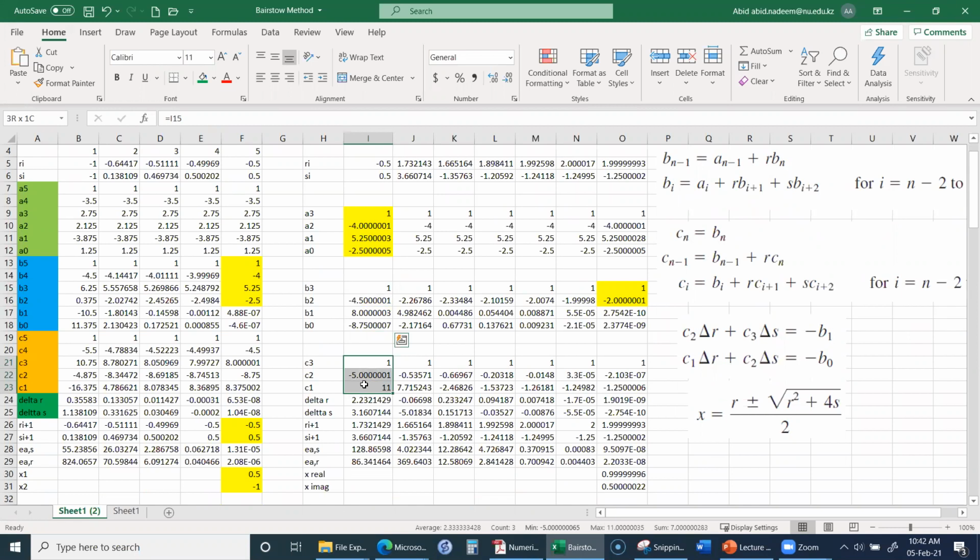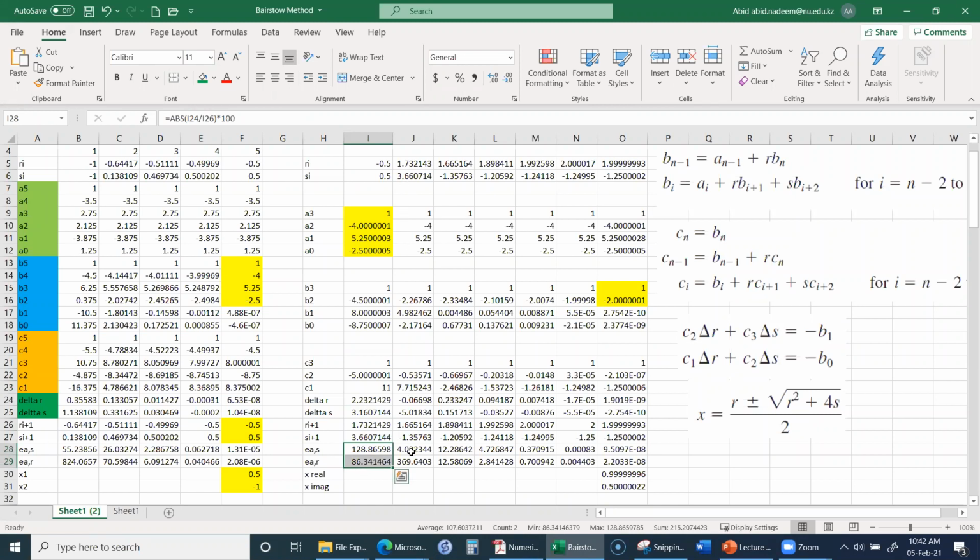Then in the same way we will find delta R and delta S, and then R i plus 1 and S i plus 1. The initial estimate will give us errors of 128 and 86%.